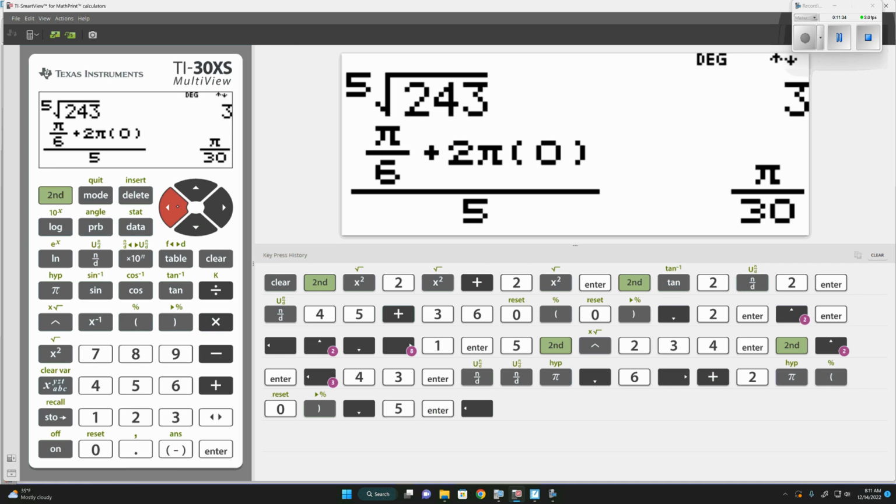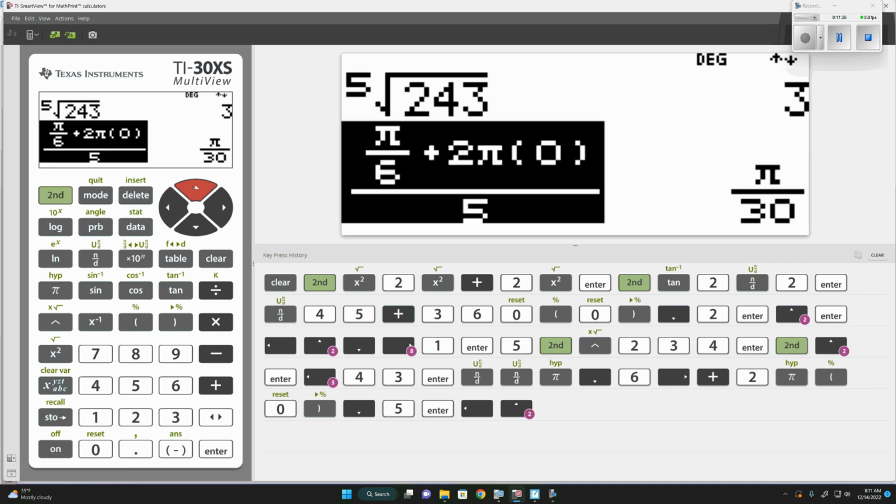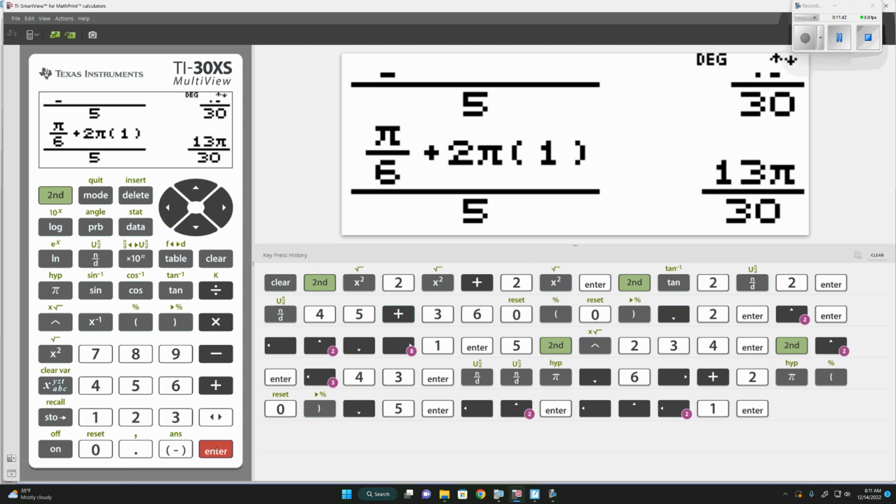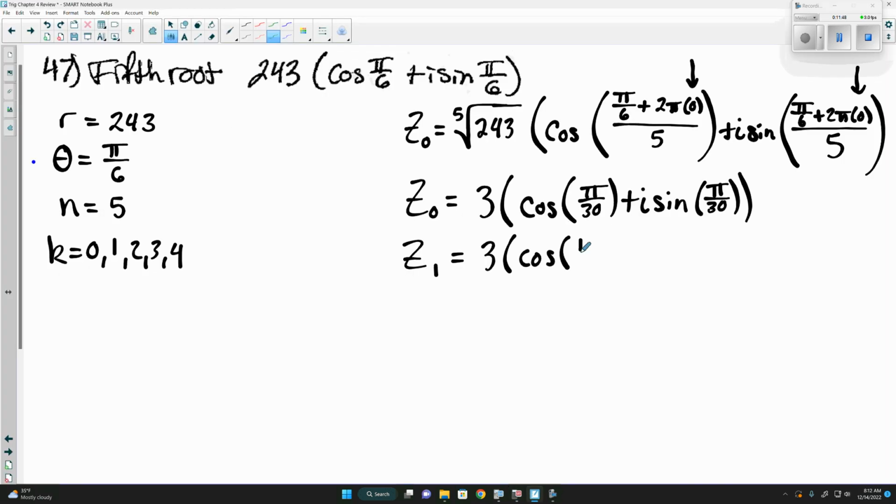I'd grab a hold of the calculator, come back up here, and change the 0 to a 1. So we get 13 pi over 30, which means this here is 13 pi over 30 plus i sine of 13 pi over 30.